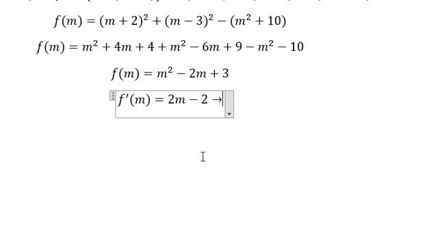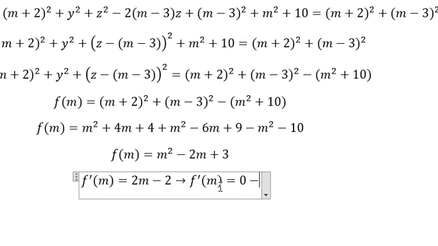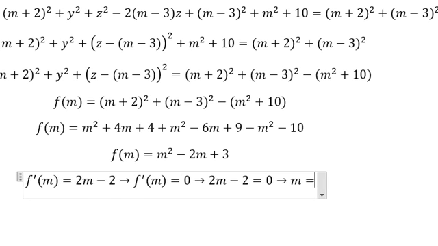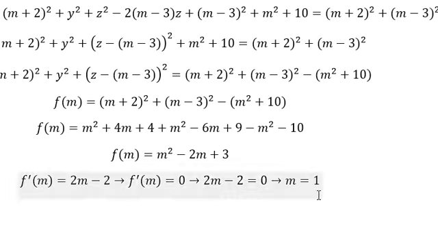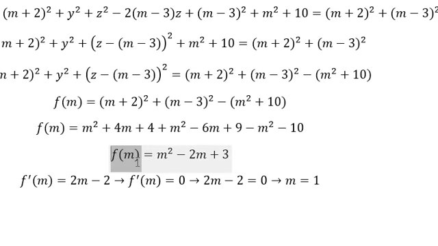Because we need to find the critical value, I will put this one equals to number 0. That means 2m minus number 2 equals to number 0. So we calculate this one and we have m equals to number 1. Because m equals to number 1, that is about the smallest of the function.